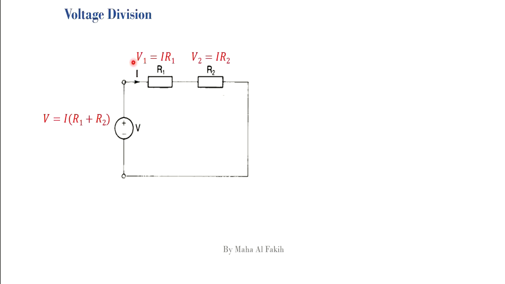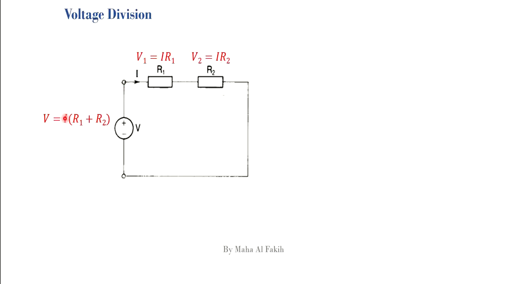We know that the value of the voltage V1 by Ohm's law is equal to I, the current passing through R1, multiplied by the resistance R1. Similarly, V2 is equal to I multiplied by R2. And the value of V is equal to V1 plus V2, which is IR1 plus IR2.